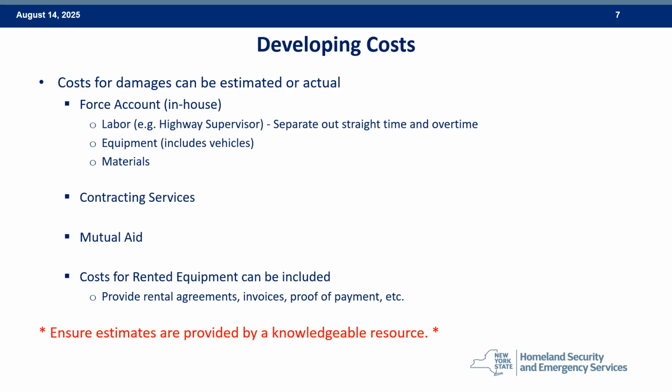Funding eligibility for the use of a mutual aid entity's equipment is based on either the terms of the mutual aid agreement or FEMA equipment rates. Funding to repair damage to this equipment is provided in the same way as funding for damage to applicant-owned equipment. If you have questions about cost for mutual aid, please contact your county or DHSES representative for more guidance.